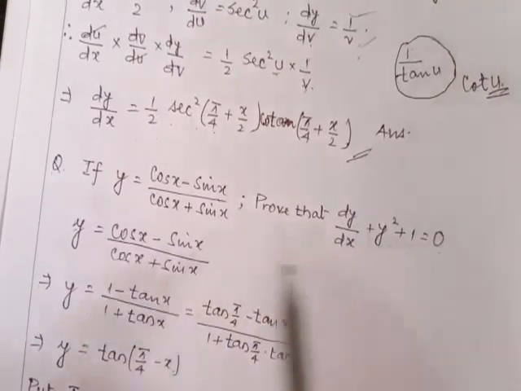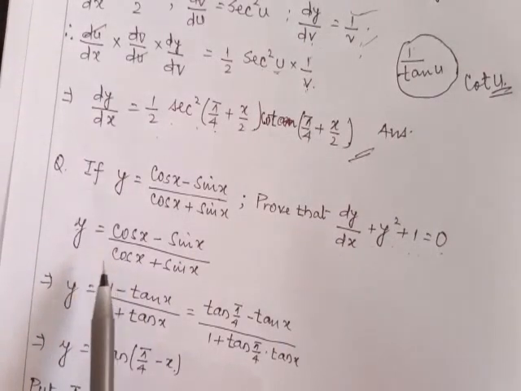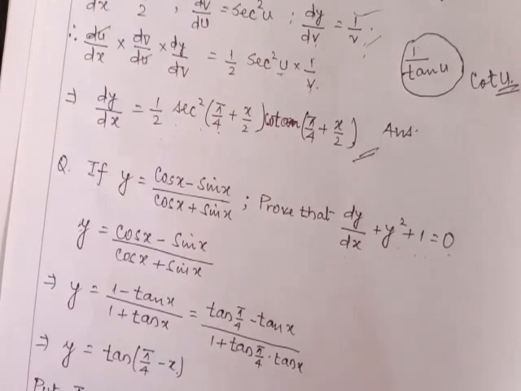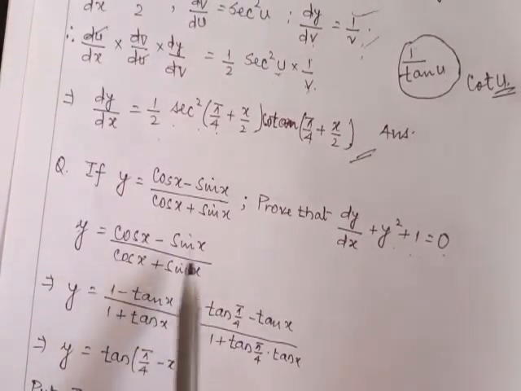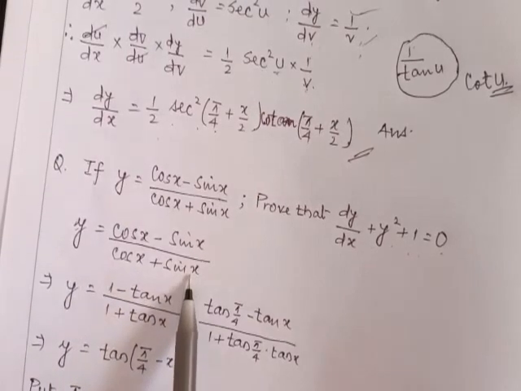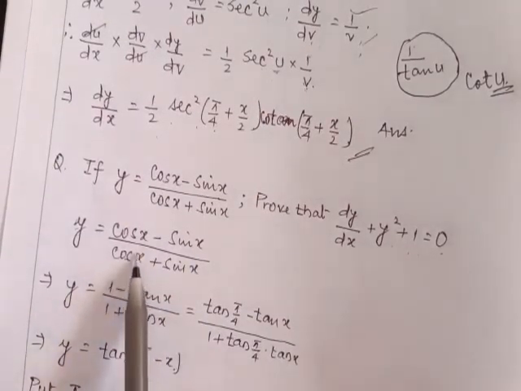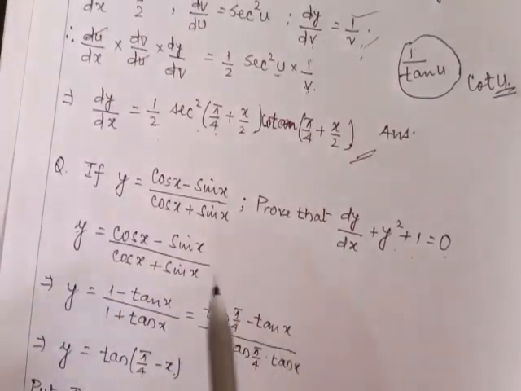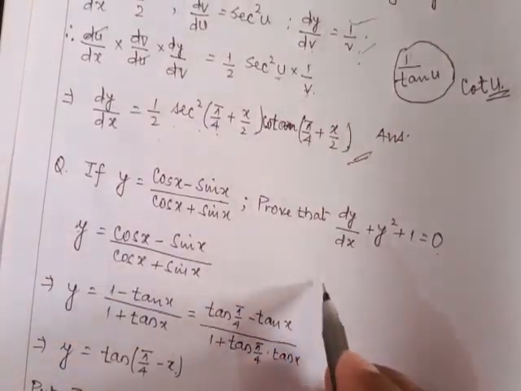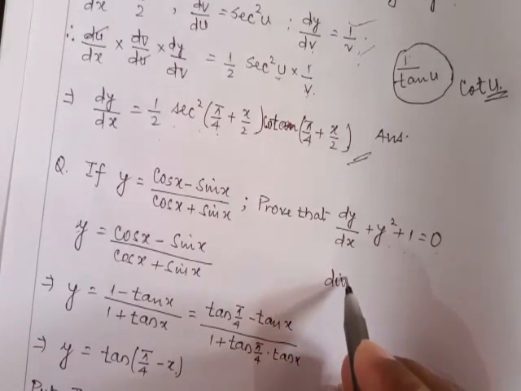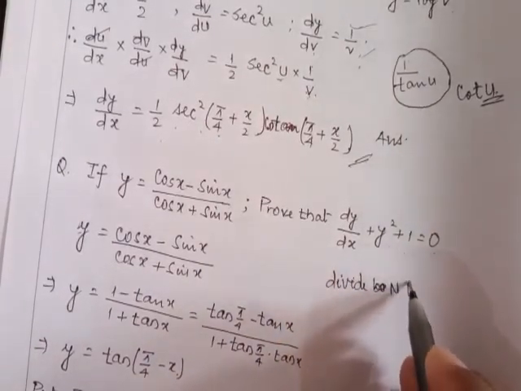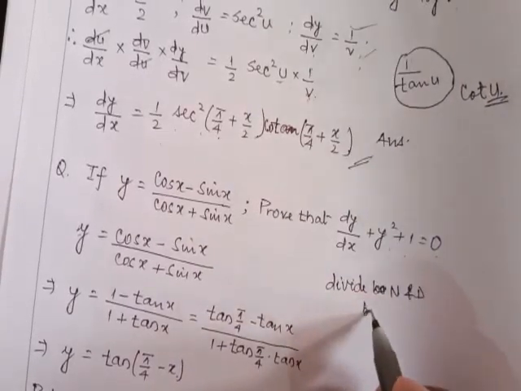See what is given: y is equal to cos x minus sin x by cos x plus sin x. In trigonometry, you know its simplification. First, divide numerator and denominator by cos x.